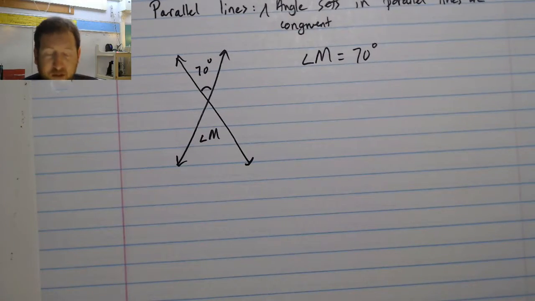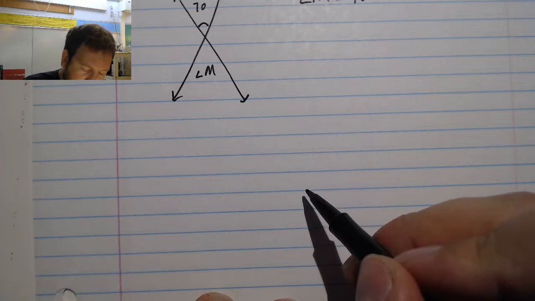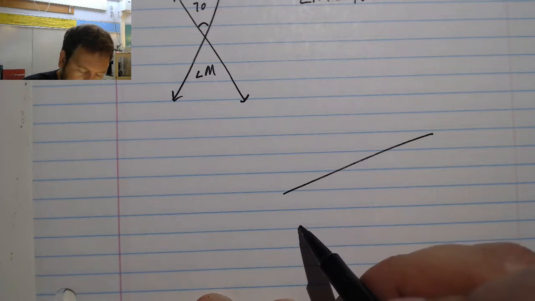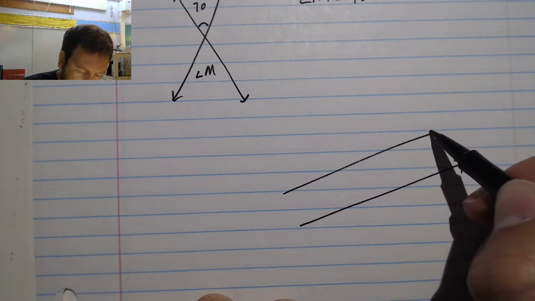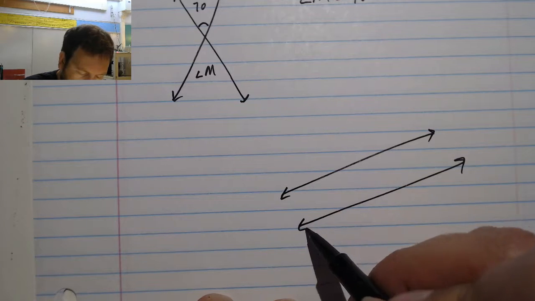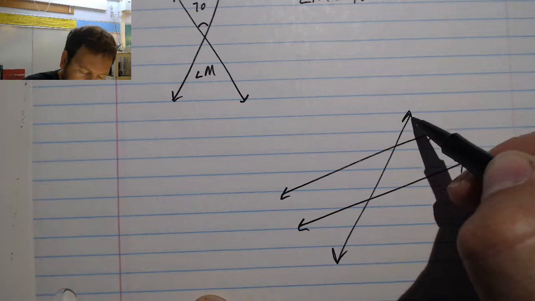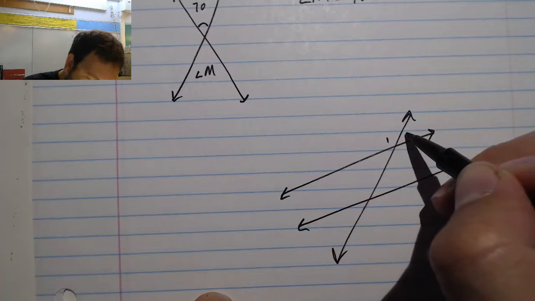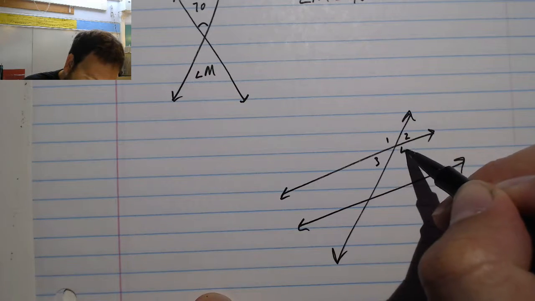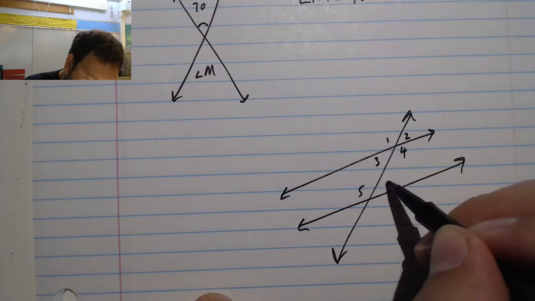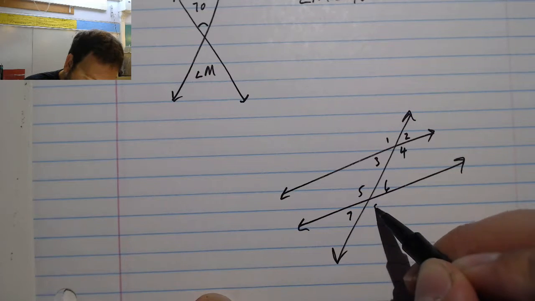So just to illustrate that one last time, say I have another set of parallel lines with a line that goes between them. And I can label my 1, 2, 3, 4, 5, 6, 7, 8.